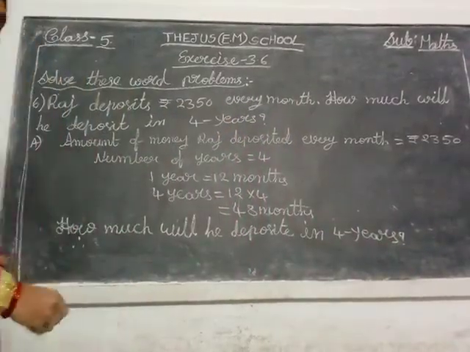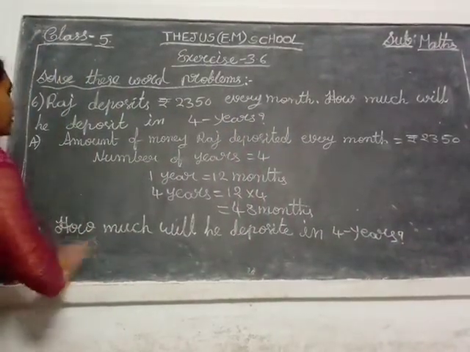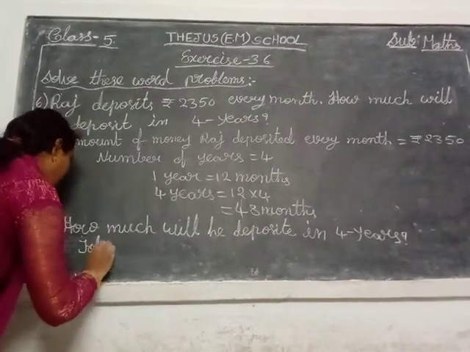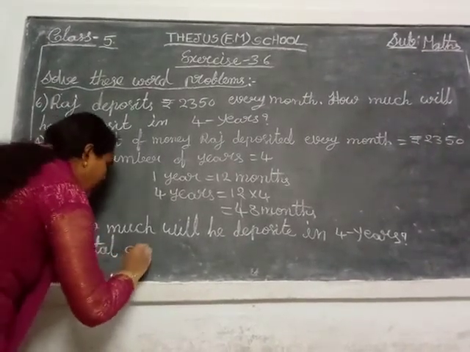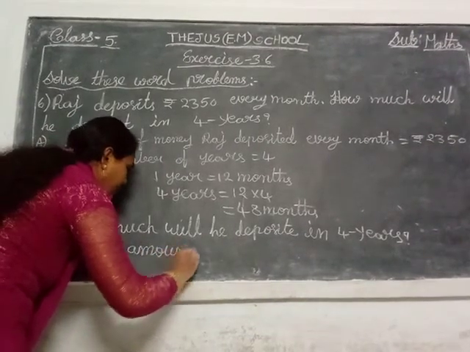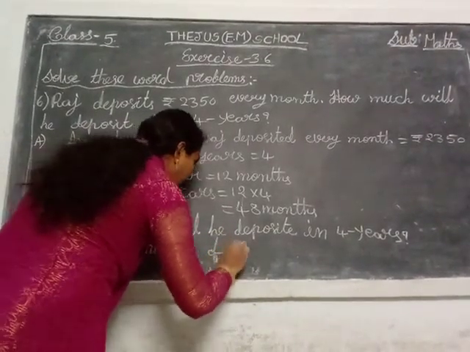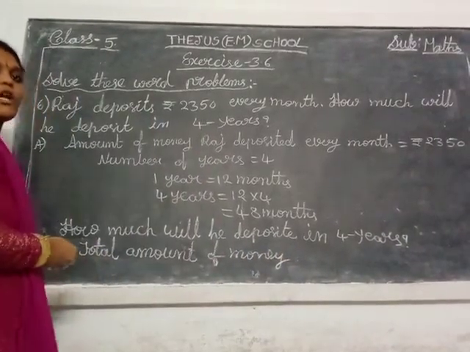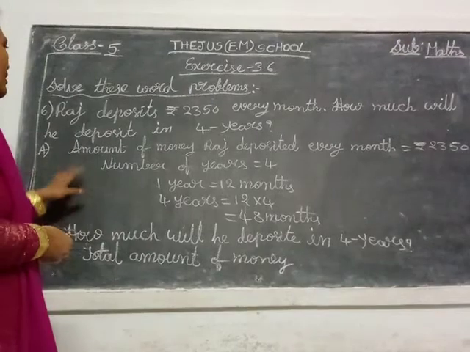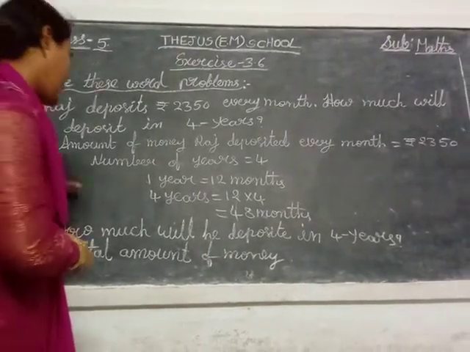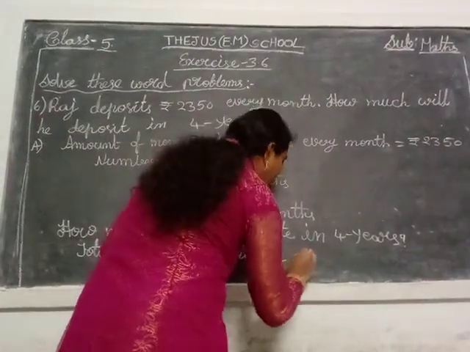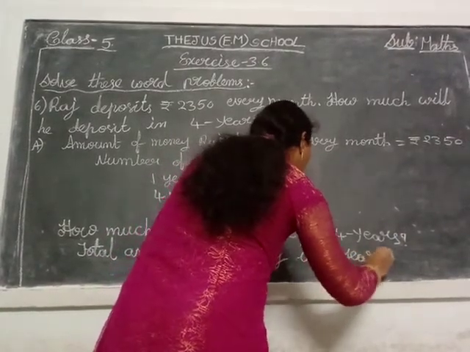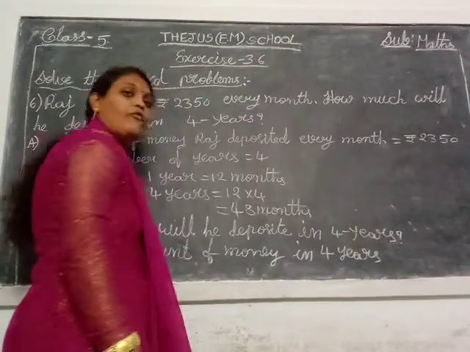Now we find out the total amount of money he deposits in 4 years. 4 years means 48 months.